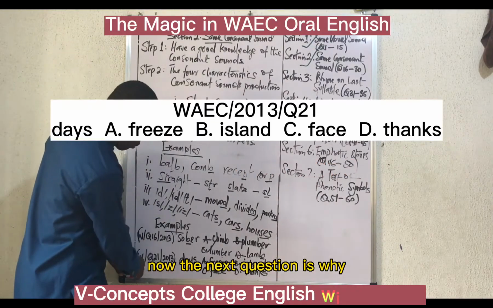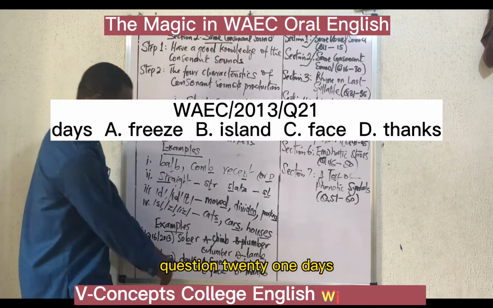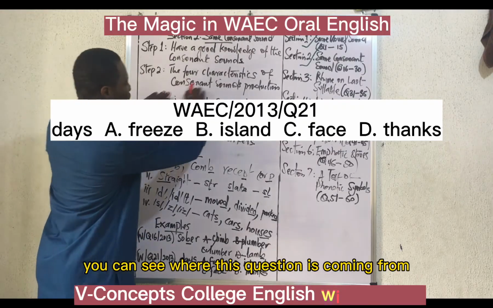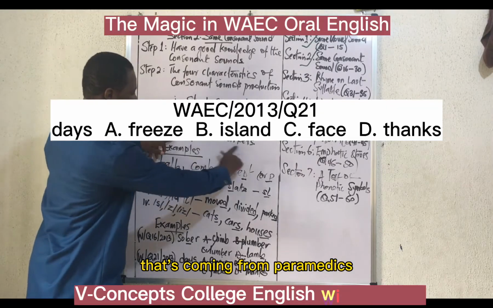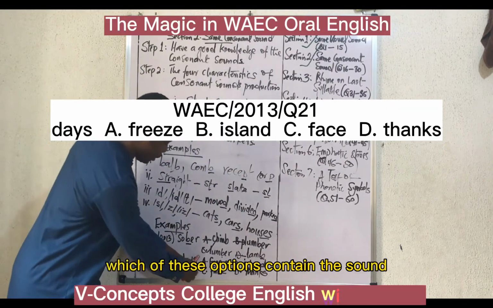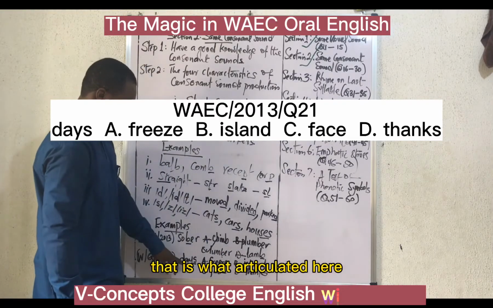Now the next question is 2013 question 21: days. You can see the way this question is coming from one of the four characteristics. We can quickly identify it as coming from plural markers. That's days, plural markers. So you ask yourself, which of these options contain the sound that is articulated here?